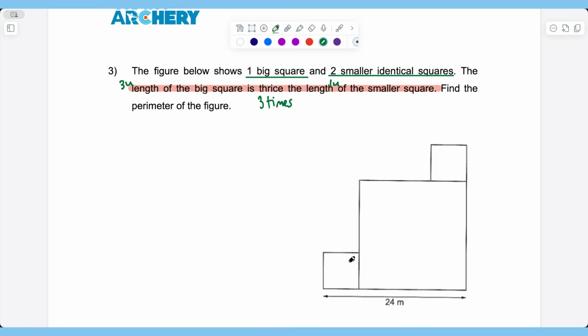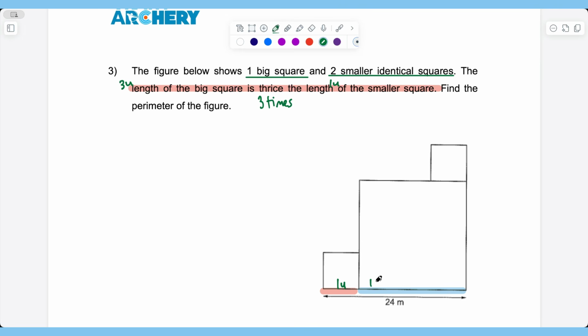Or you can visualize it this way. For the small square, this length here is 1 unit. Okay, 1 part. But the length of the big square is 3 parts.